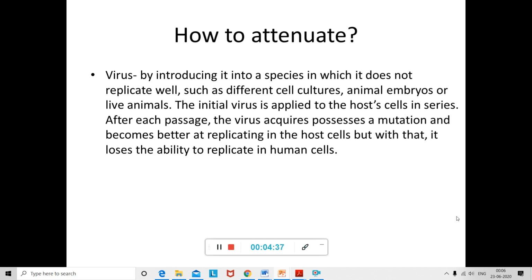The initial virus is applied to the host cells in a series, and after each passage the virus acquires a mutation and becomes better at replicating in those host cells, but with that it also loses the ability to replicate in human cells. So basically, in attenuation, we try to make the bacteria or the virus incapable of causing disease, but at the same time it will be immunogenic for the person.